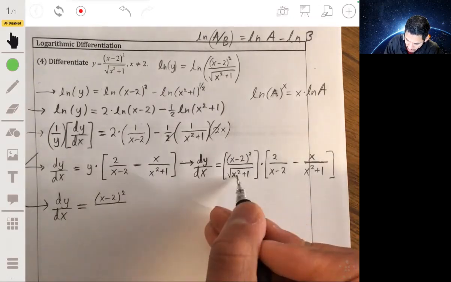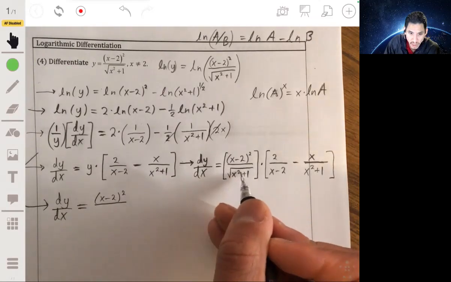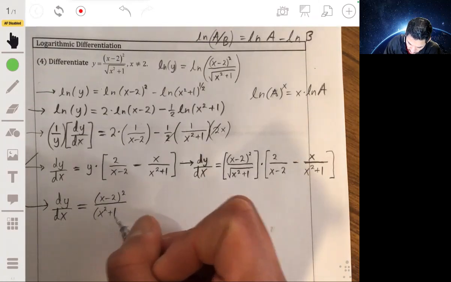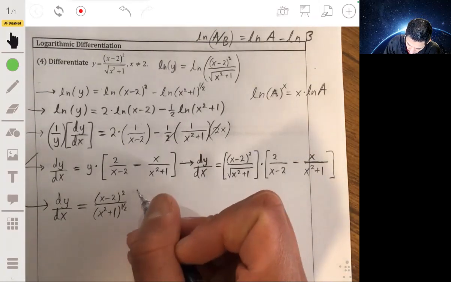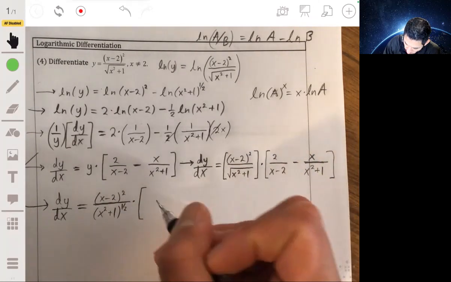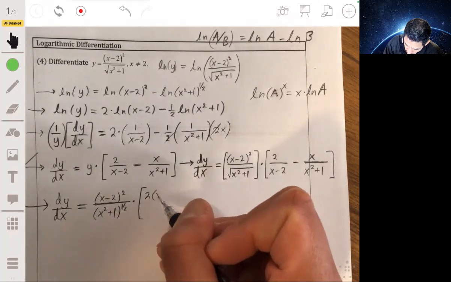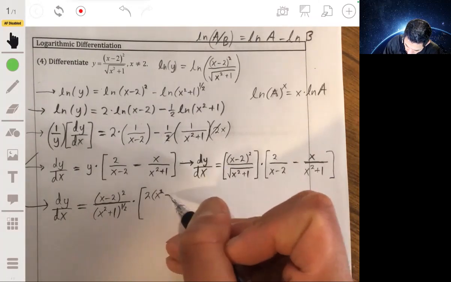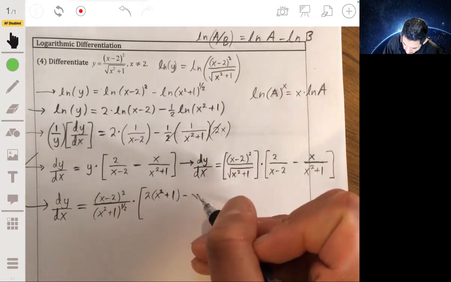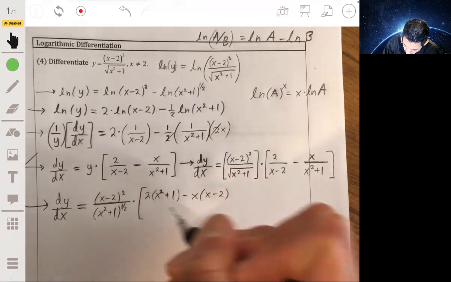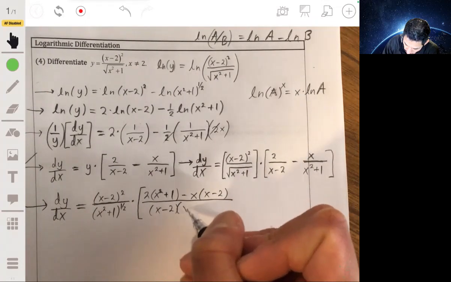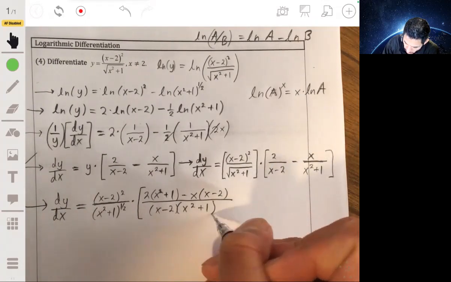And let's rewrite that x squared plus 1 under that square root as x squared plus 1 to the 1/2 power. So all of that will be then 2 times x squared plus 1 minus x times x minus 2, all over x minus 2 times x squared plus 1.